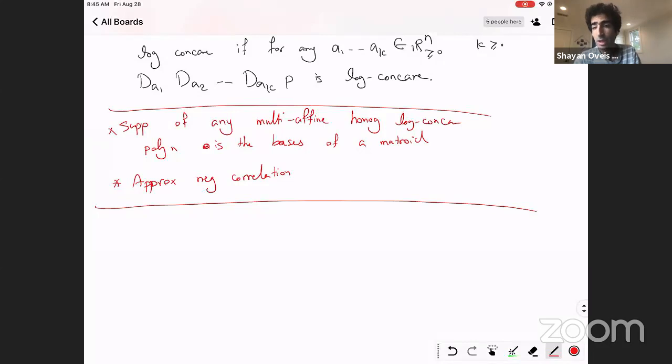Yeah, any matroid can be represented by log concave, but for real stable, you definitely need more. Okay, so first of all, it depends what you mean by being represented. Do you mean that the support is on the bases with some coefficients?